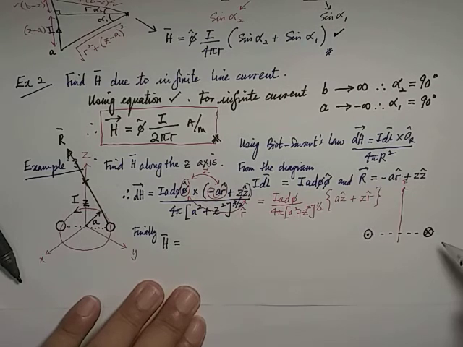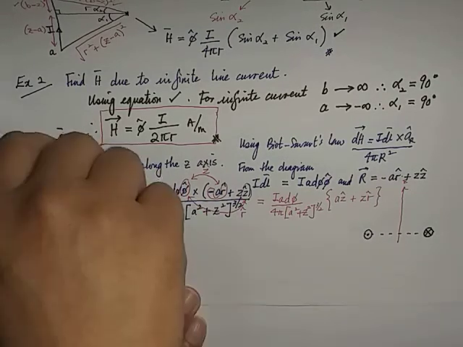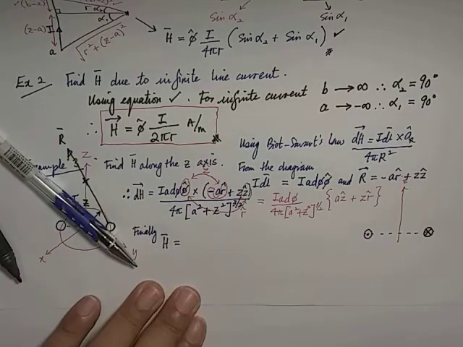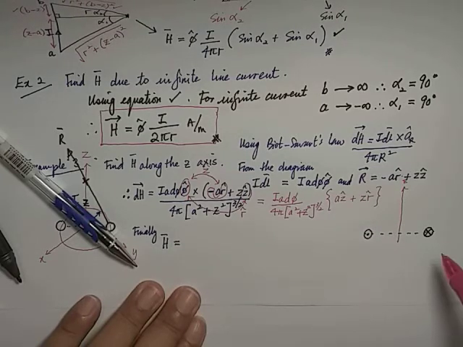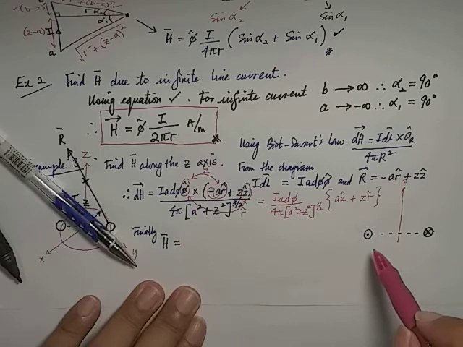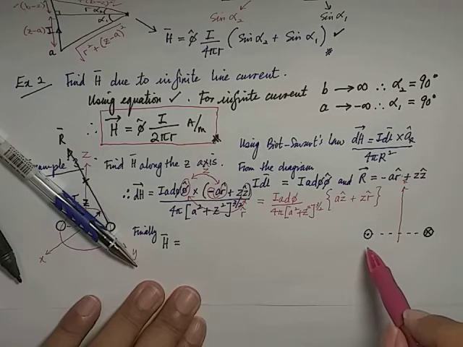So if I have this particular behavior, I can see somehow there are 2 line currents. Because I don't see this diagram, I just see this diagram on the right. I can assume the right-hand side of my current to be a line current going into my paper, whereas the left-hand side of my current is represented by a line current coming out from the paper.